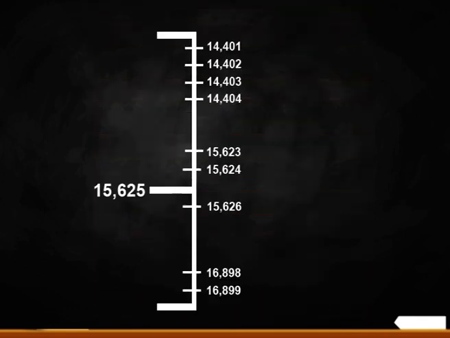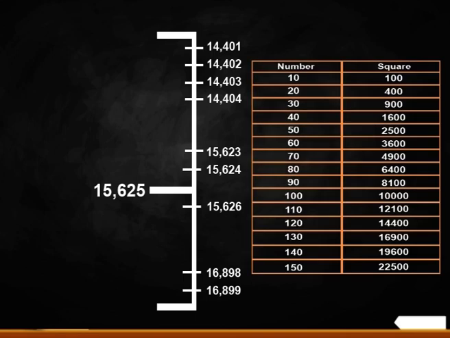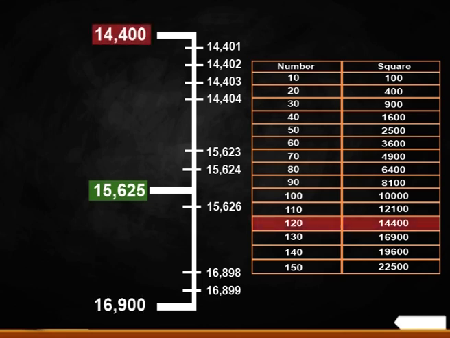From this extended table, we observe that the number 15,625 lies between 14,400, which is square of 120, and 16,900, which is square of 130. Thus, our answer lies between 120 and 130.